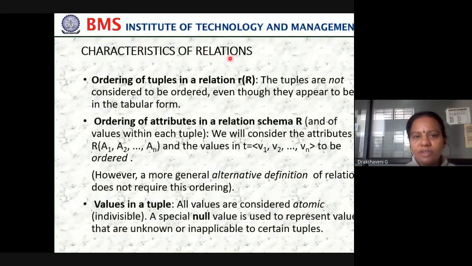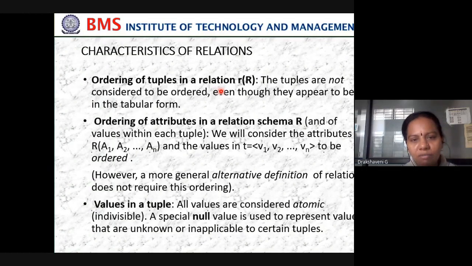Characteristics of a relation: ordering of tuples in the relation. If I take an example, I ask you people, out of 51, to stand so that the people who were born in January come first, then February, then the next month, like that.